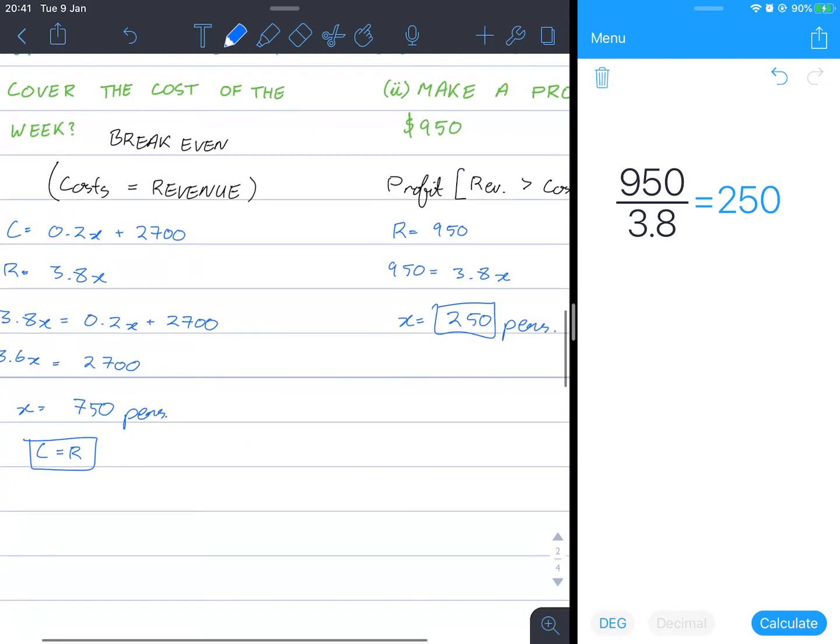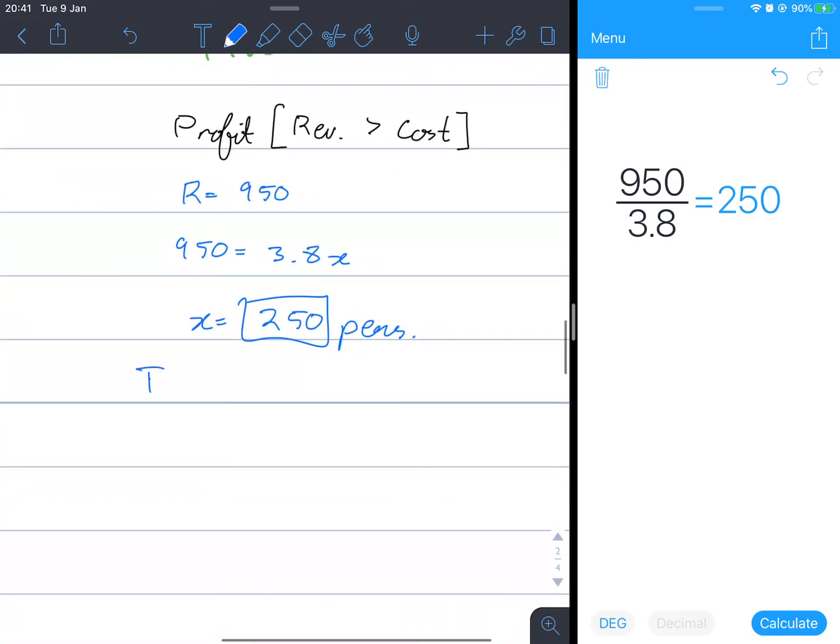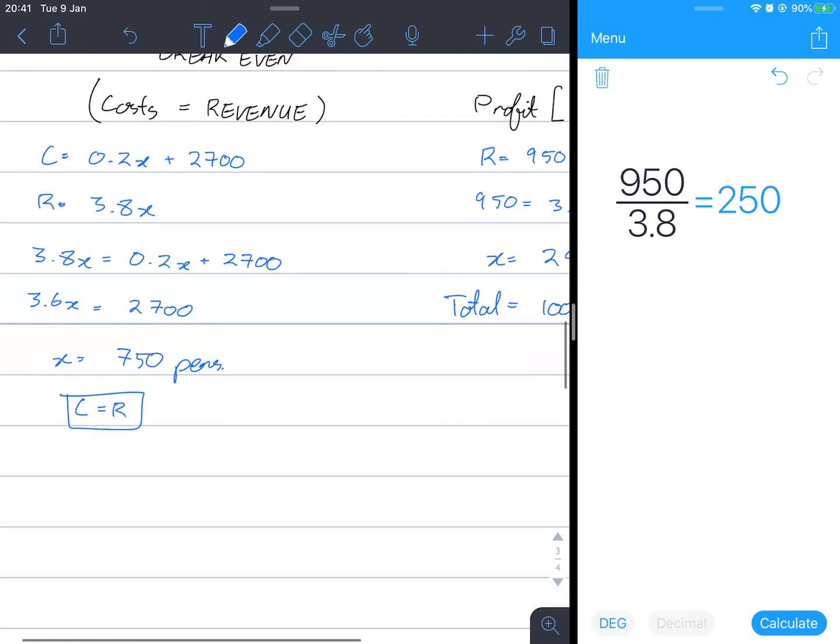But I also need to make my break even on top of that. So in total, it is actually 1,000 pens, which is just this amount, and we added onto the amount that we found for the break even.